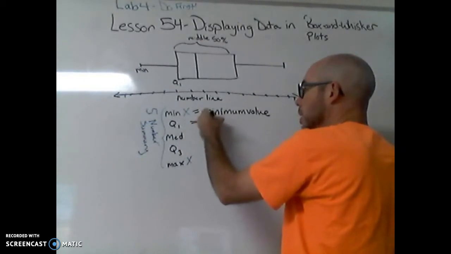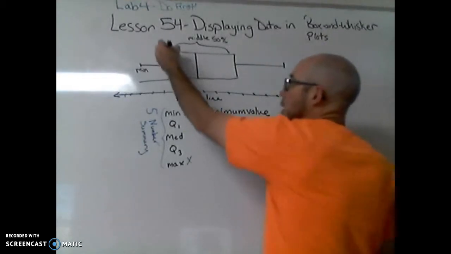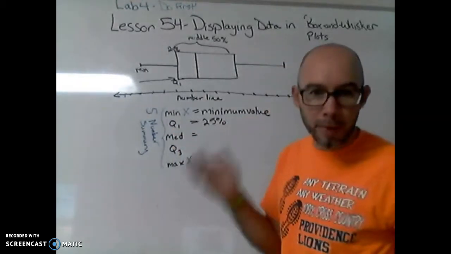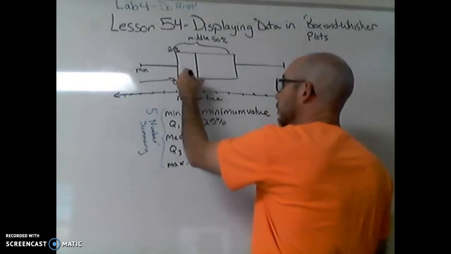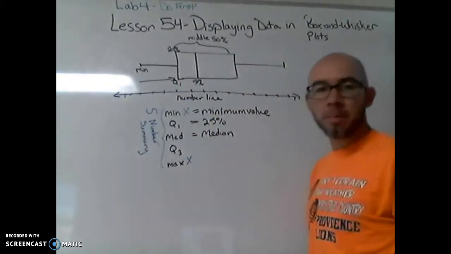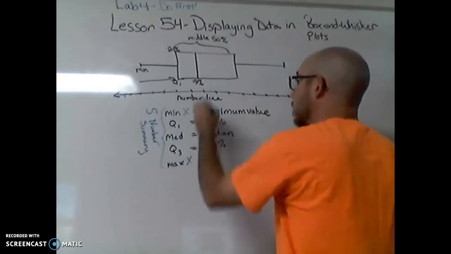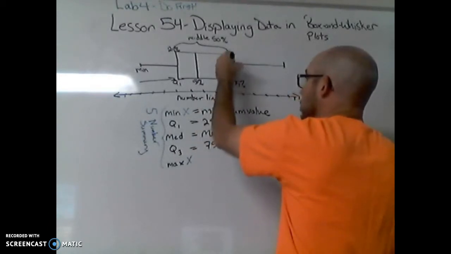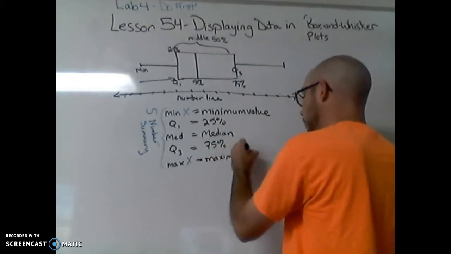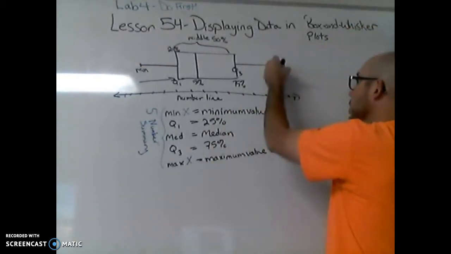Quartile 1 is going to be 25% of the way from your smallest value. So quartile 1 is at the 25% mark. The median, well, we've done that before. This is at our 50% mark. Remember, the median is the middle value. Quartile 3 is at the 75% mark. And then you got your maximum value.